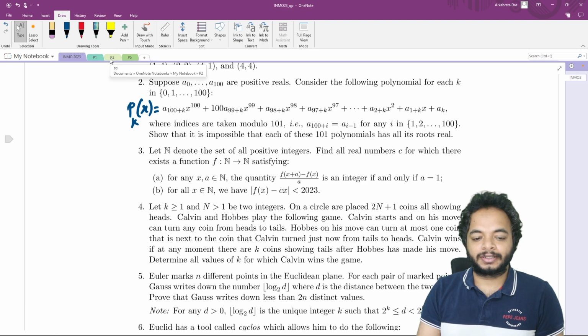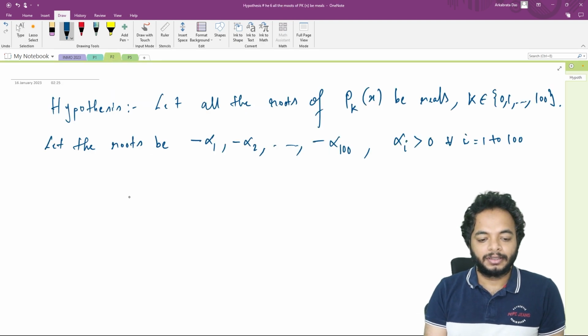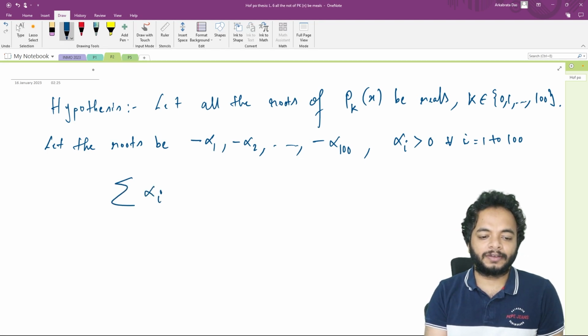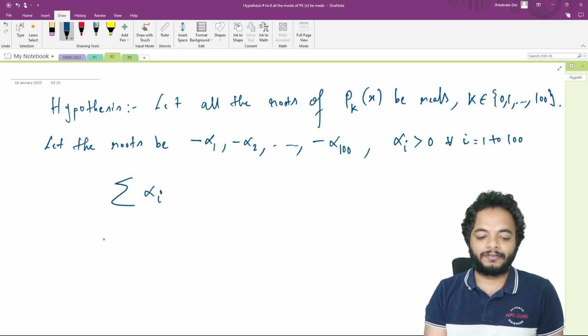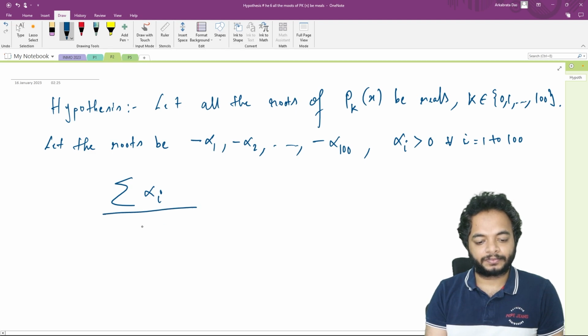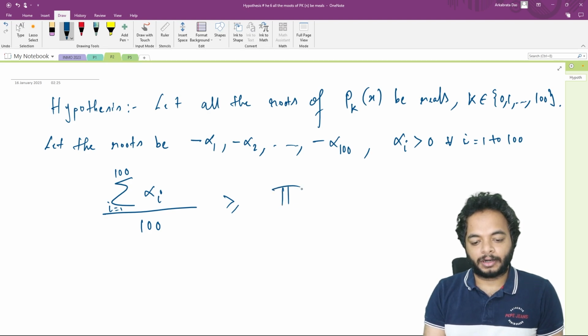The sum of these negative alpha i's is negative 100 a99 plus k divided by a100 plus k. So the sum of alpha i, i going from 1 to 100, is greater than or equal to the product of the alpha i's, since the alpha i's are positive.